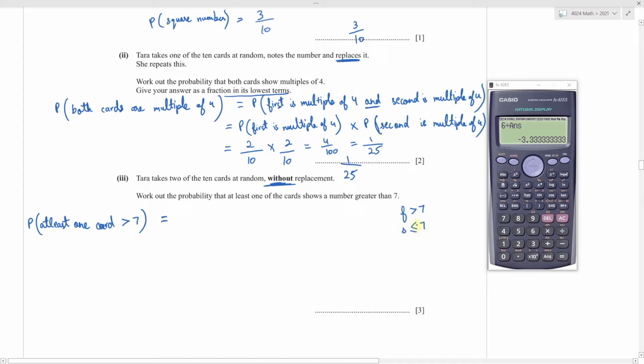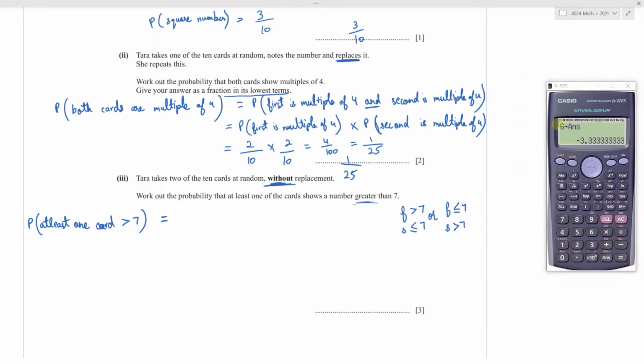So you're looking for at least one card that is greater than 7. But it could be the other way around as well. The other possible outcome is your first card is less than or equal to 7, but your second card is greater than 7. If this happens, you still have at least one card greater than 7, which was your second card.